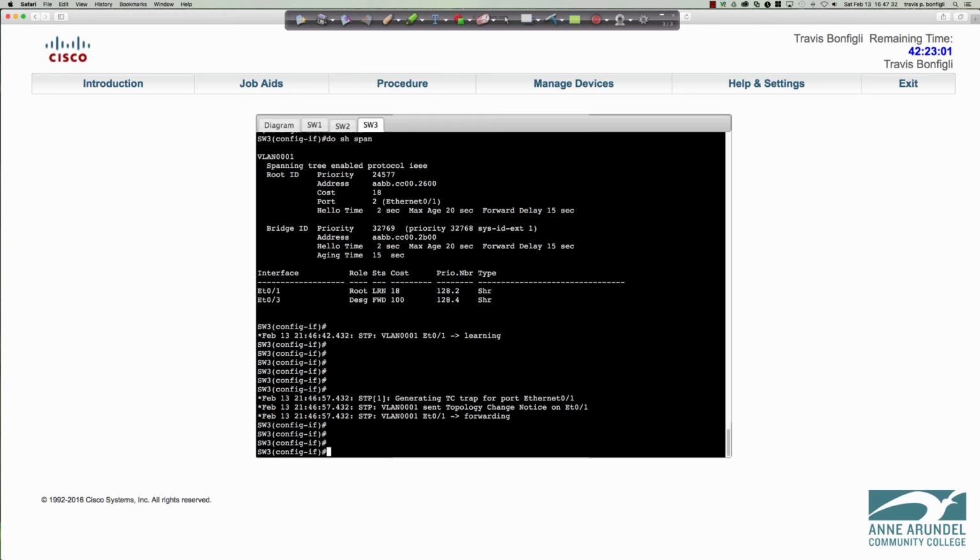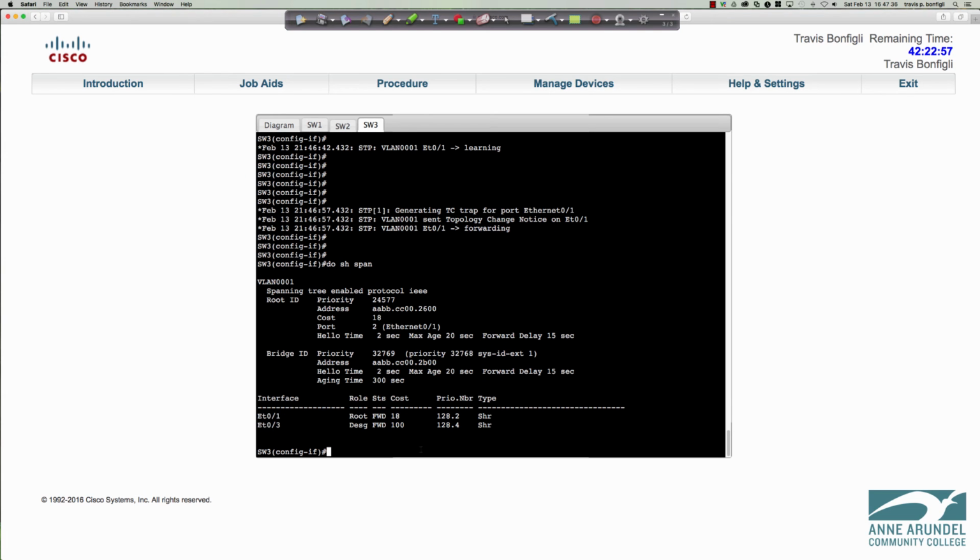Because you'll notice we've been sitting here, we have to wait 30 seconds for this to reconverge before it shows that the ports are in a forwarding state, right? Now, when we do PortFast for a host or a server-facing port, we'll turn on spanning tree PortFast and we'll skip those times.